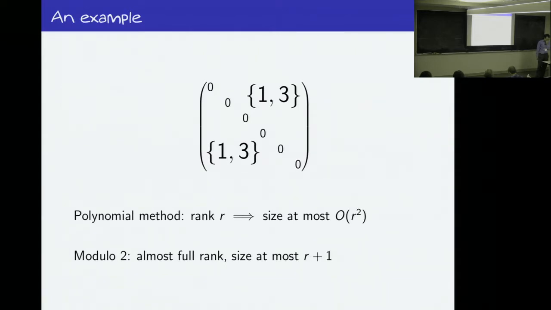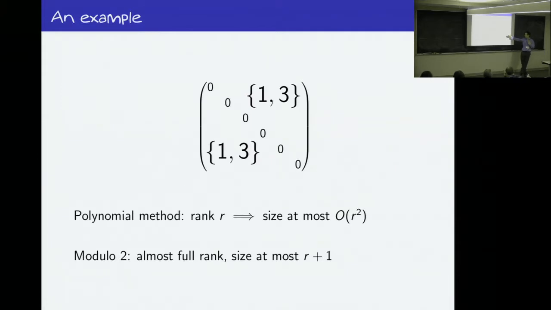Before I tell you the results, let me just explain what the flavor of those results is. Basically, the flavor is that this is more or less the only thing you can do. Generally, you can reduce it modulo a prime.